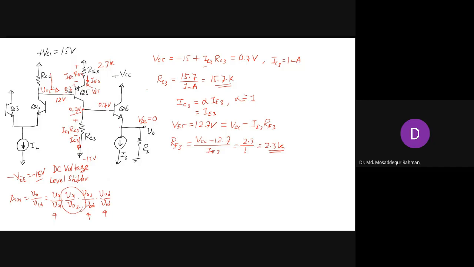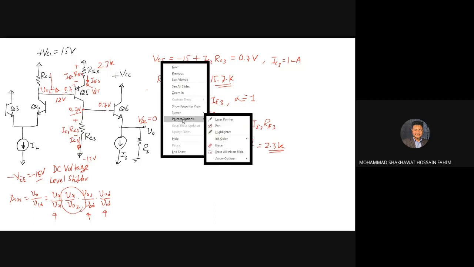So how do you determine the gain? First look at the circuit and find what is the amplifier configuration here. So common emitter, common collector. No, just the voltage level shifter.